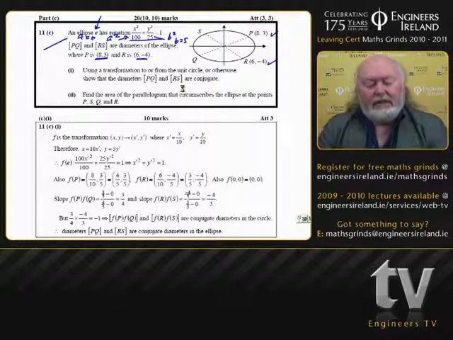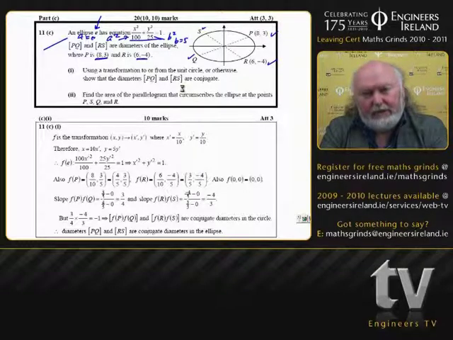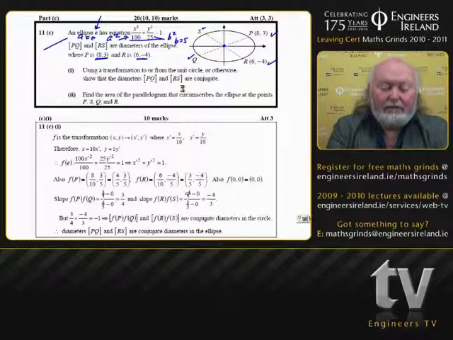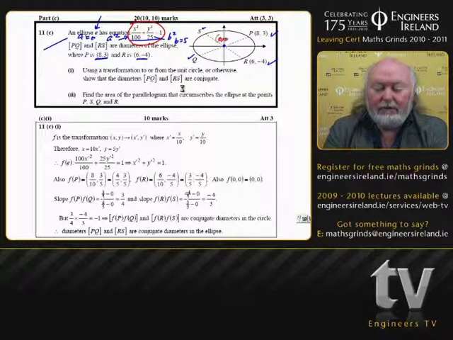Now, the opposite end of the diameters, the S and the Q, it would be very foolish of us to try and work these out, because we don't need to. We know all diameters go through the center. The equation that we have here is the equation of a centered ellipse, so we know that's (0, 0) anyway.